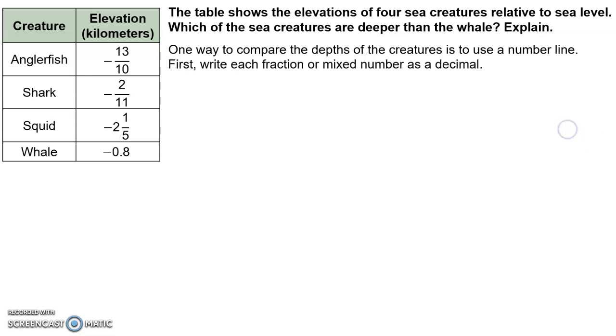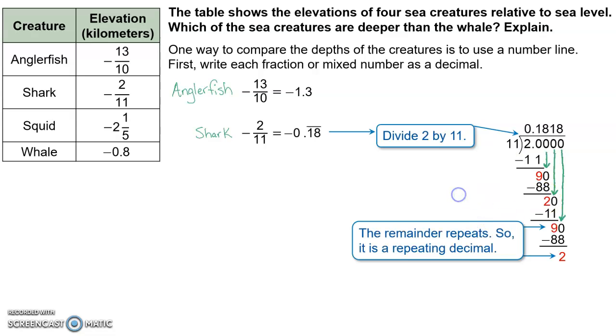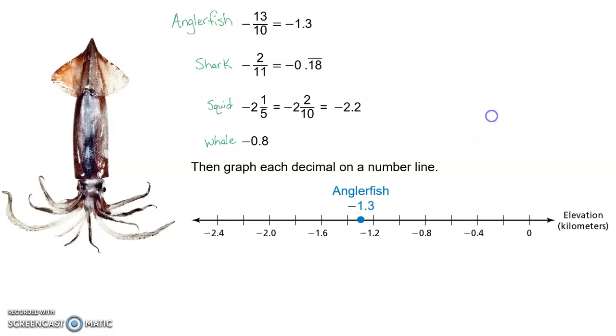You want to change them to decimals, and once you get them all to decimals, put them on a number line. And the one furthest to the left, well, here's the whale.